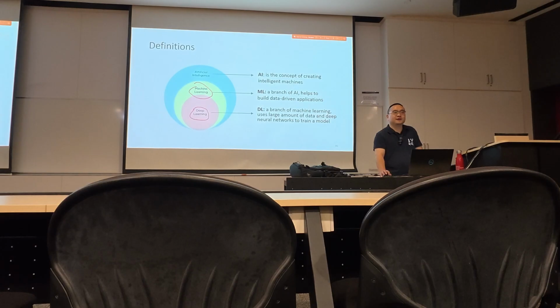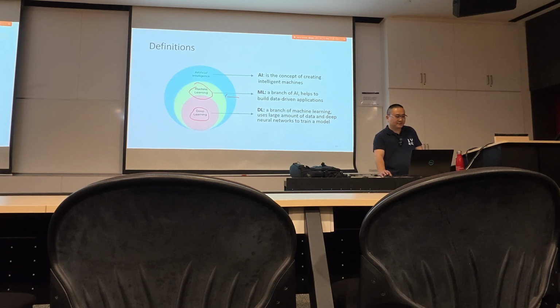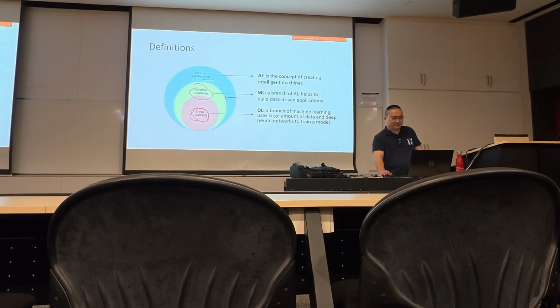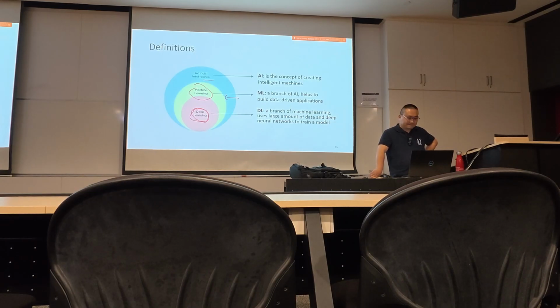As long as you use data to train your models and then apply the model to do the same tasks, this is in the scope of machine learning. But that's just a small part of AI. And then inside machine learning, we have deep learning. Deep learning itself is just a branch of machine learning. So specifically, we care about the deep models.